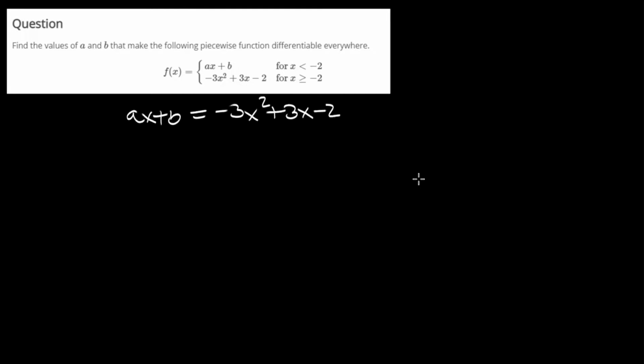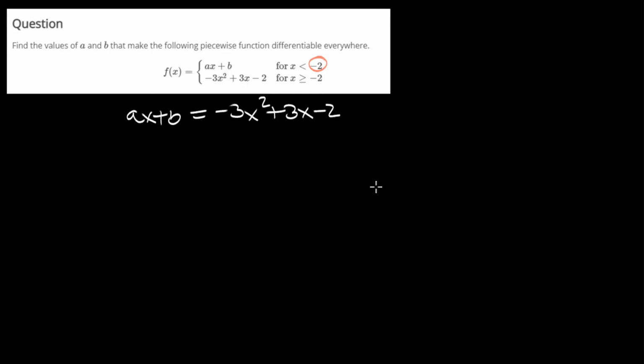And now we would have to plug in -2, because we want to make sure that these functions are actually continuous at -2, because we know that they're continuous everywhere else except -2. We want to make sure they are equal to each other at -2. That's why there's two different functions.